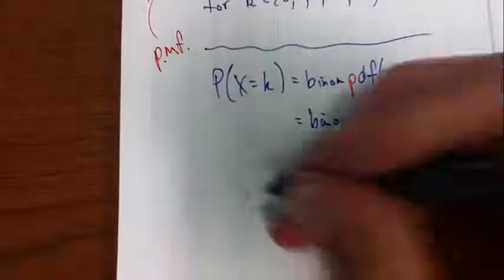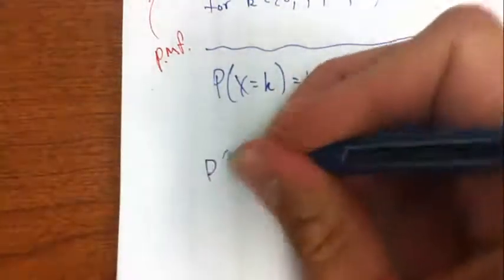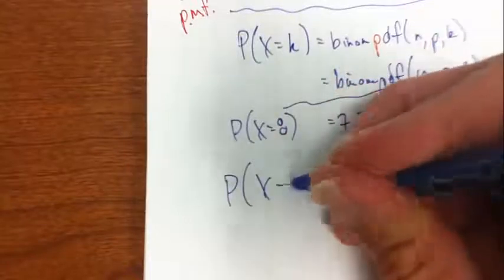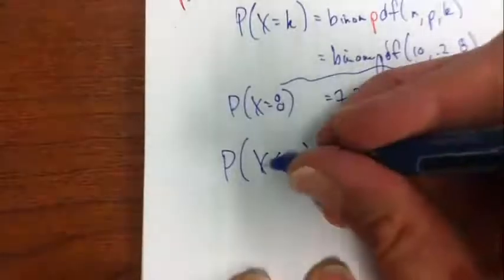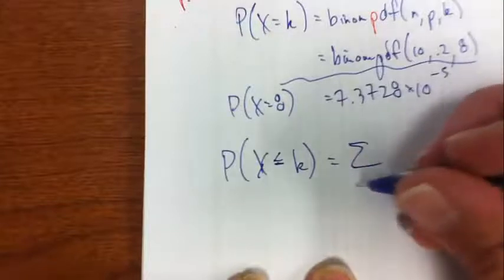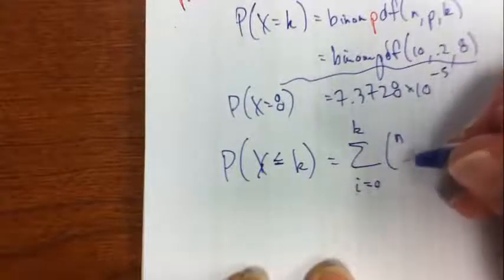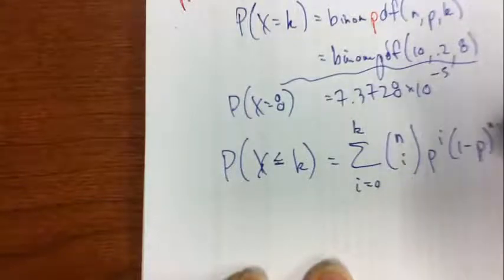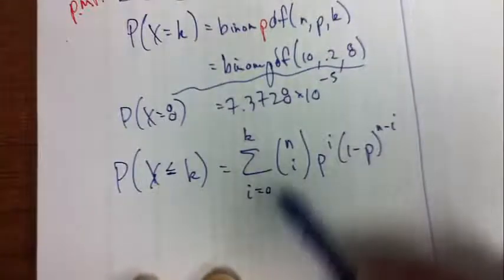What if I want to know, I mean, that's not usually what we want to know, right? This is the chance that X equals 8 from our example. In general, what's the chance that X is, say, less than or equal to k? This you can also do with your calculator. If you were going to do it by hand, it would be difficult, because you'd have to add up the probability mass function over all these values from 0 to k.